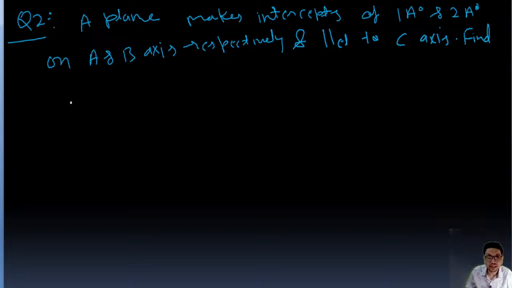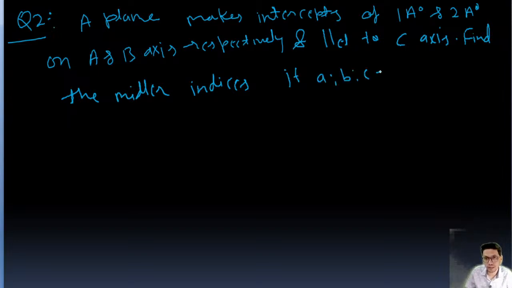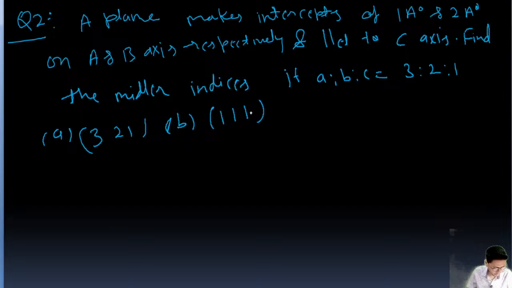Find the Miller indices if ABC is given as 3 2 1. A good question. Options are: option A is 3 2 1, option B is 1 1 1, option C is 2 2 1, and option D is 3 0 1.